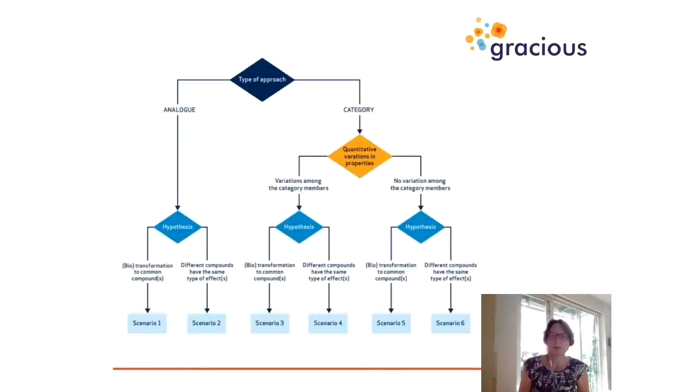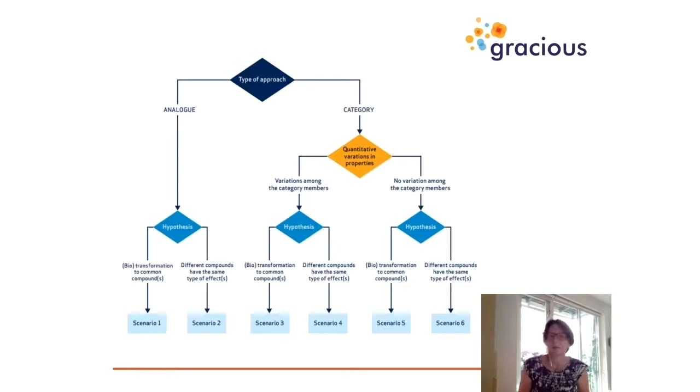With that, in this RAF framework by ECHA, there is this overview of different scenarios related to the analog and the category approach. You can have the analog approach here on the left with a hypothesis, and for example, there's the hypothesis that due to biotransformation, you end up with the same compounds. Then this is one scenario. And another is that the different compounds or substances have the same effects, another scenario.